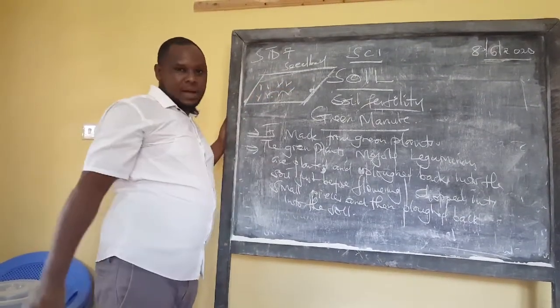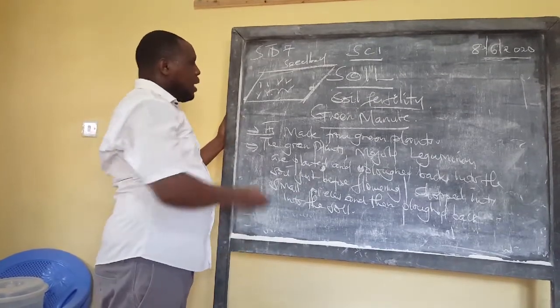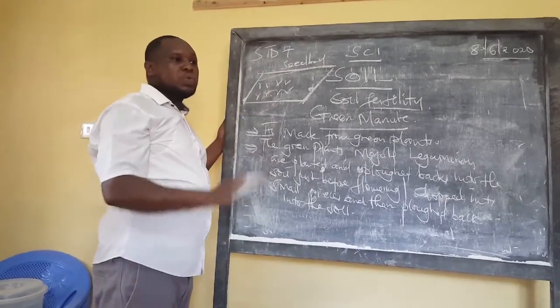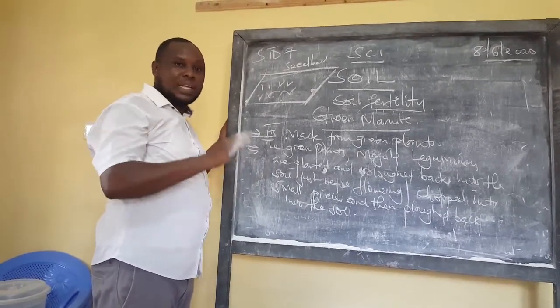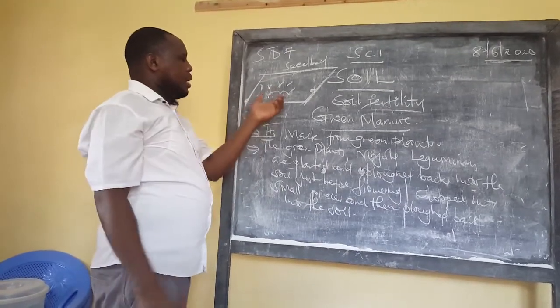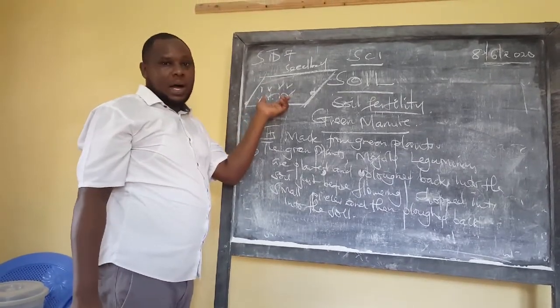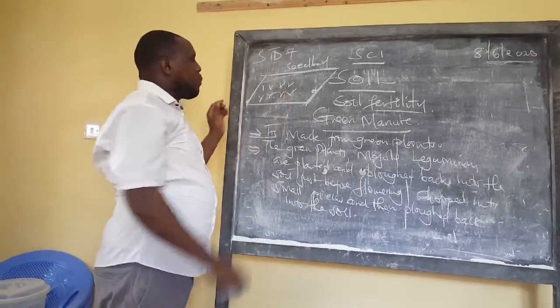You plant beans there, of course at the onset of rains, before they flower, because what we want is not the produce, we want the leaves. So before these beans flower, just after 3 to 4 weeks, you plow them back.